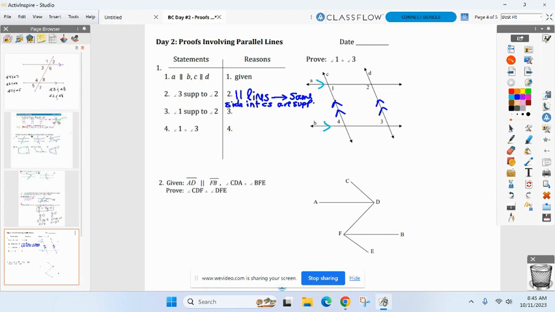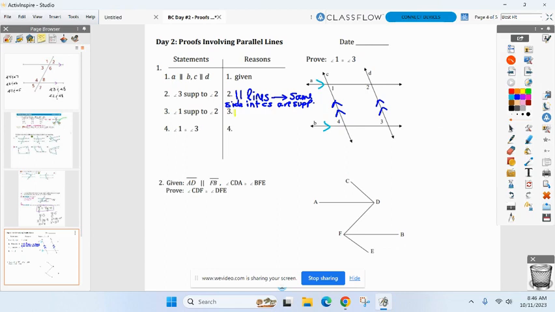I need something with parallel lines. Look where they are. Inside or outside? Interior. And are they on the same side or alternate? Same side. So put them together: same side interior. The same thing as 3 and 2.